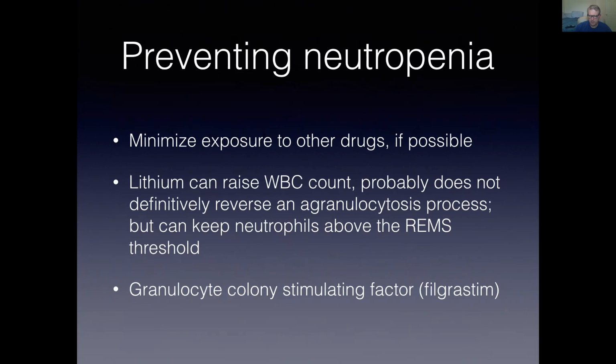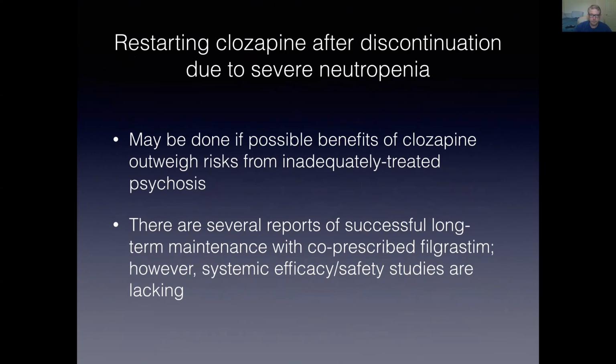And then there is a drug that has gotten several names. The generic one is filgrastim, and it actually stimulates the bone marrow to make neutrophils, and so you can increase neutrophil count that way. If a clinician has had to discontinue clozapine because of persistent neutropenia or brief but severe neutropenia, then the recommendation is to try to make them well with something else.